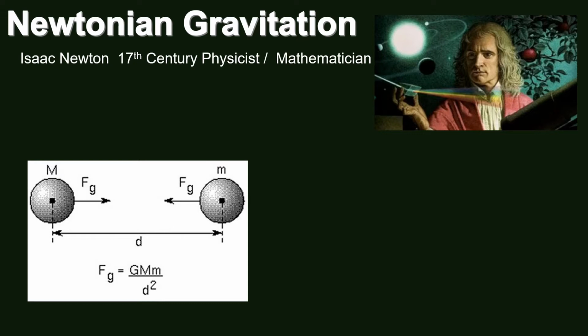Basically, if you have two masses, two bodies in space, there is a gravitational force of attraction at a distance. And he formulated basically this equation right here.